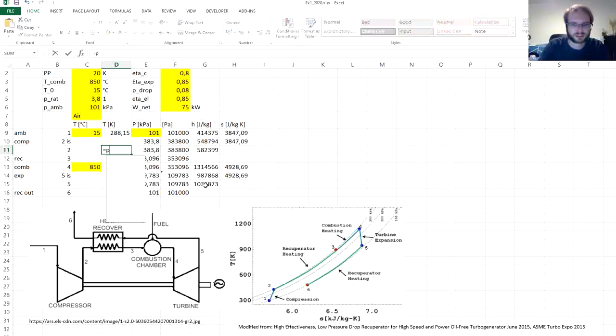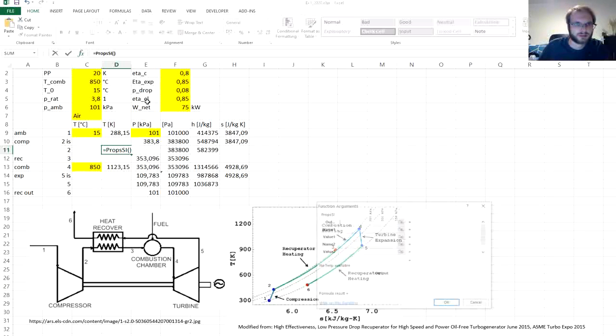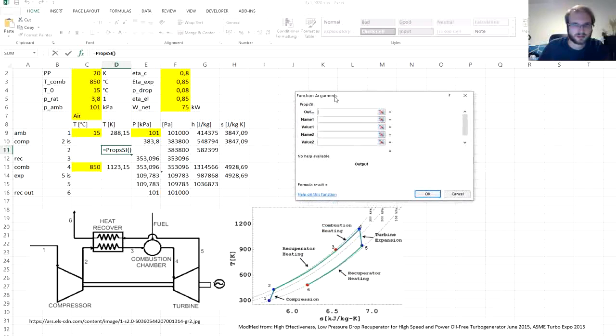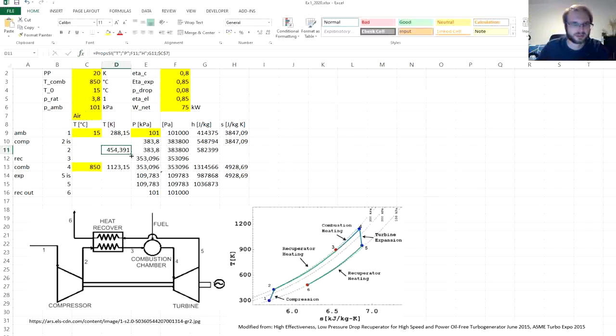So the temperature will be function props SI, where we want temperature as the output, and input will be pressure and enthalpy, and working fluid, of course, the air.